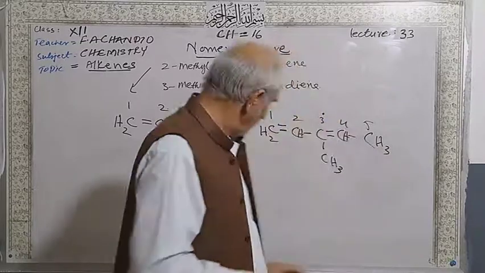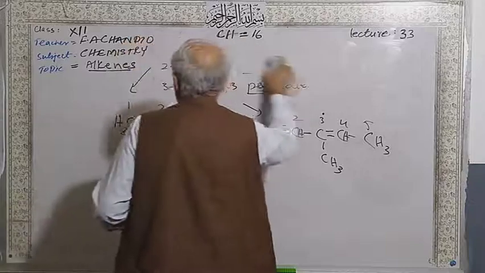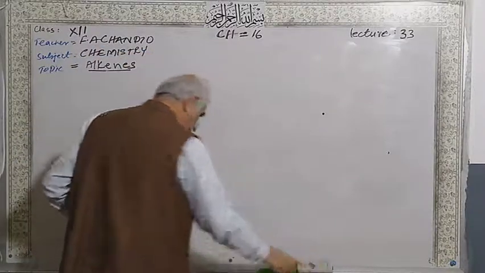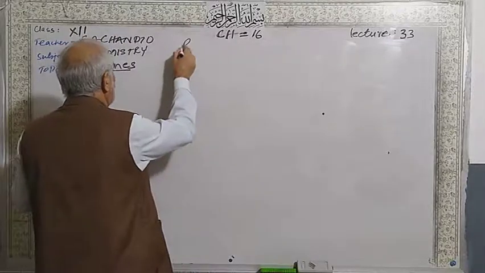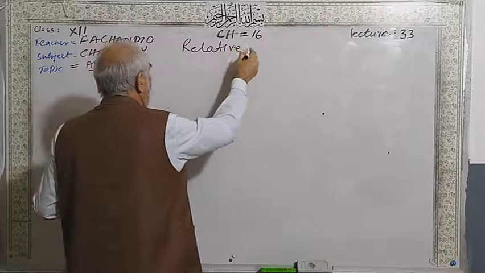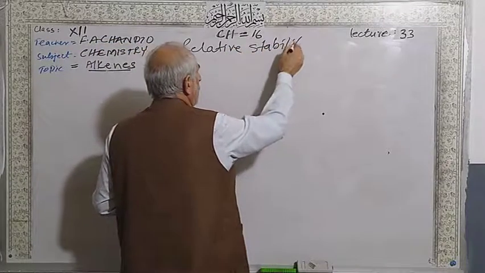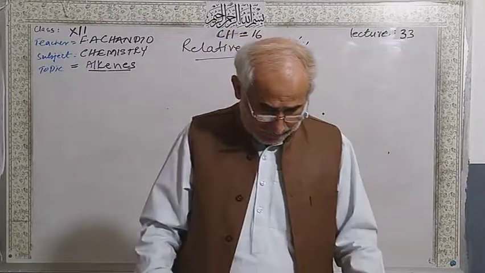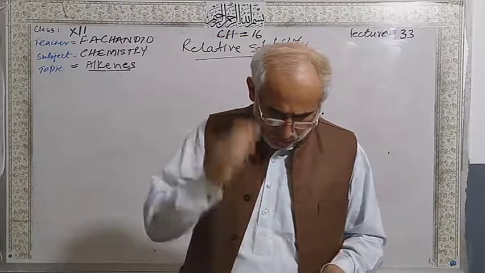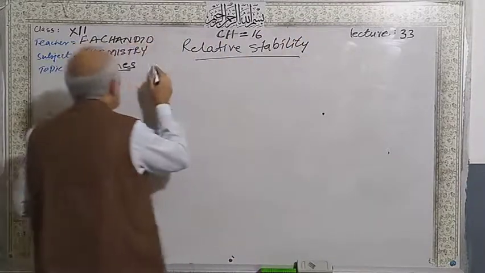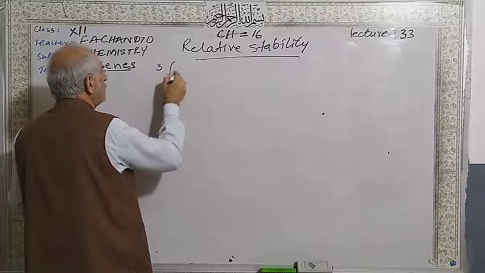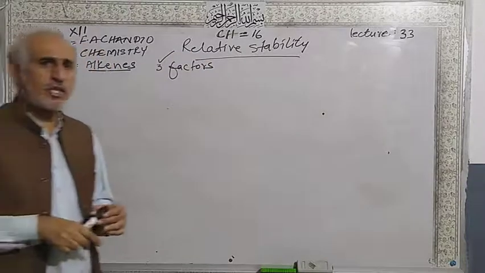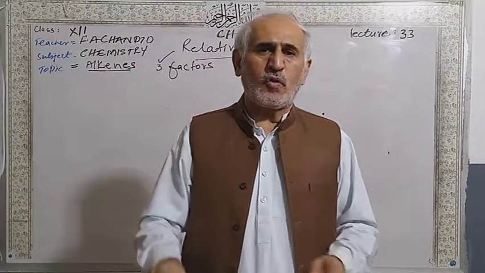Relative stability. There are 3 factors which influence the relative stability of alkenes.